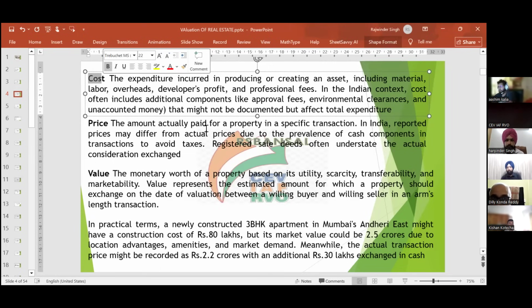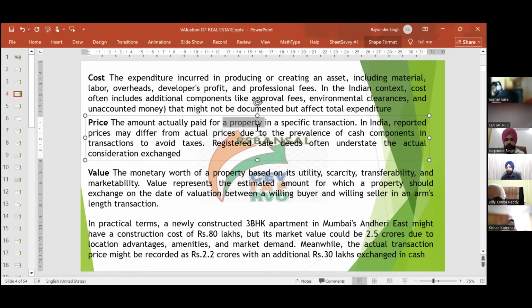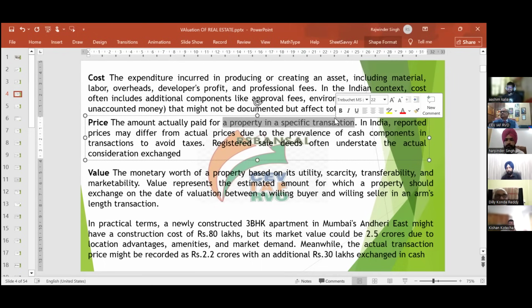Price means the amount actually paid for a property in a specific transaction. Means you buy a plot for constructing a building. Then how much amount you paid for buying that plot? How much price you paid? That is price. So see the difference between cost and price.